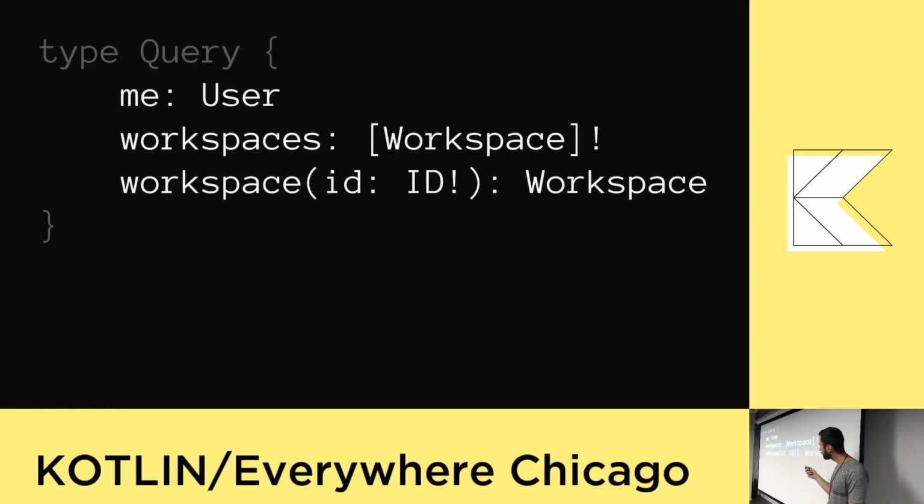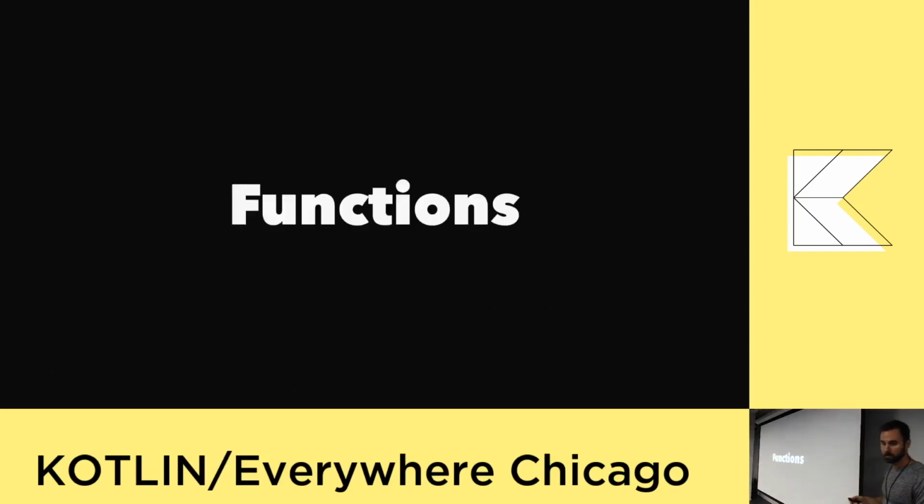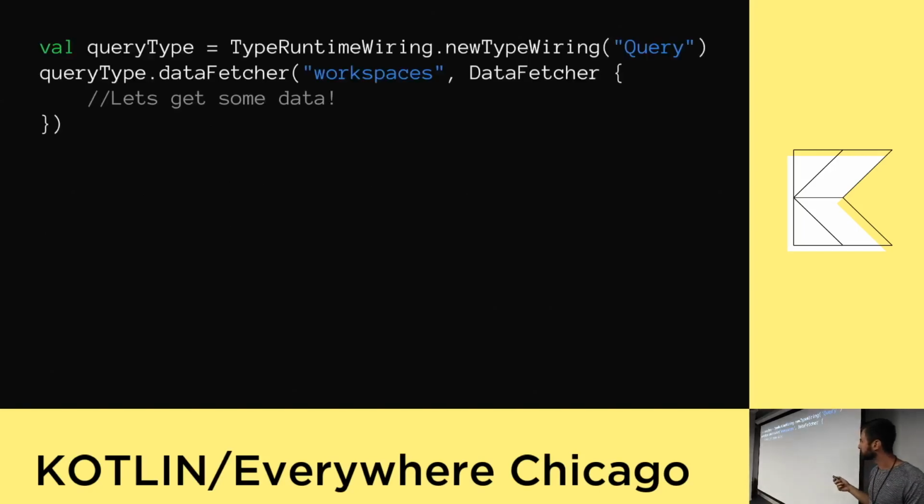Inside of it, we're just defining fields, which are ways that people can query for data. We can reuse all of the types that we've defined before, and we can provide nullability information on the return types of those queries. Okay? Then finally, we need to tell the runtime how to execute these queries, how to get this data. So we need to wire in some plain old functions to the runtime to grab this data.